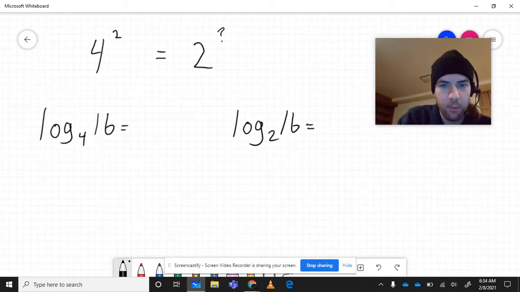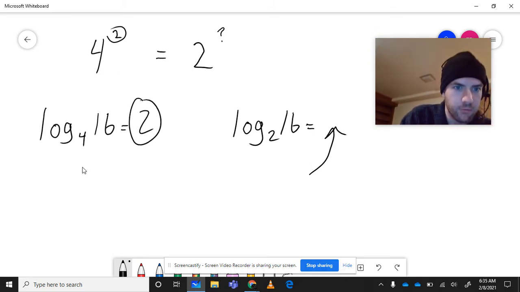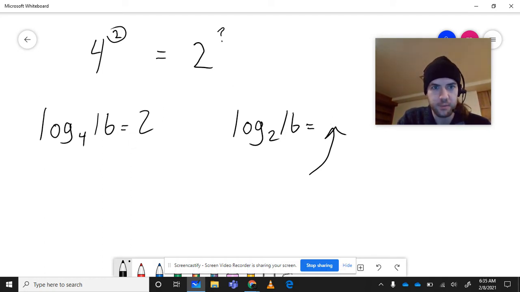So that would be the solution over here, right? We know that this answer is 2, that the exponent we raise 4 to is 2. Now we're saying, what is the exponent that we raise 2 to? What would be the exponent there if the base was different? So that's the goal with the change of base.